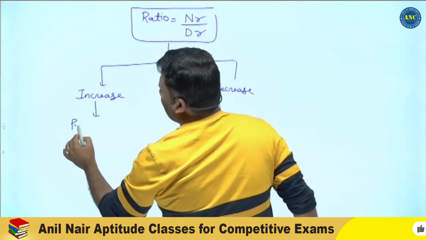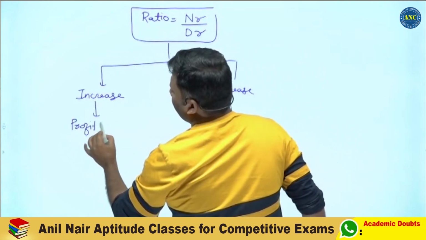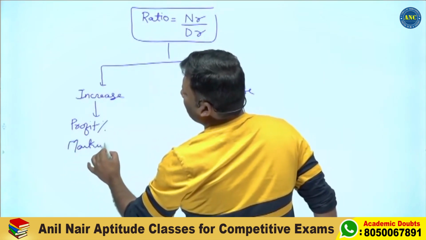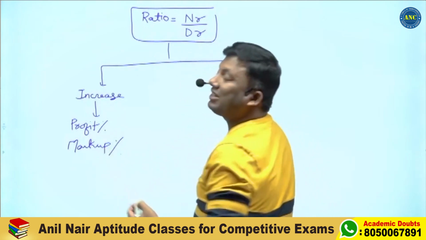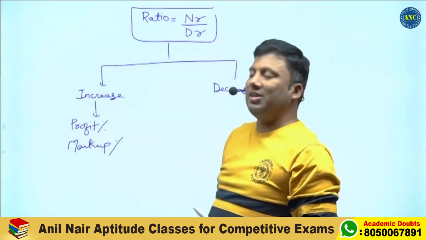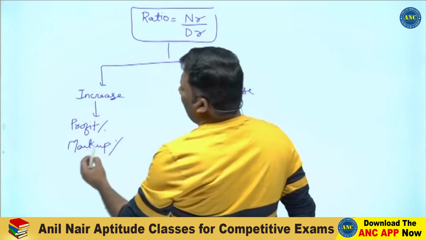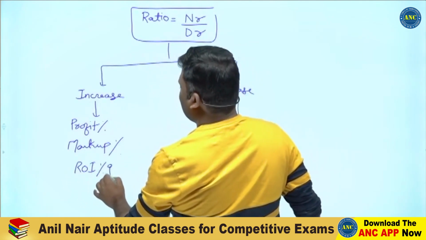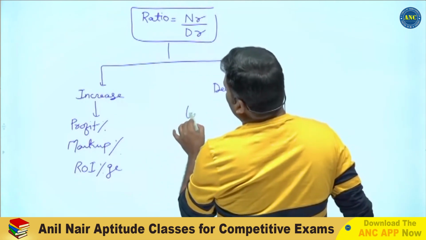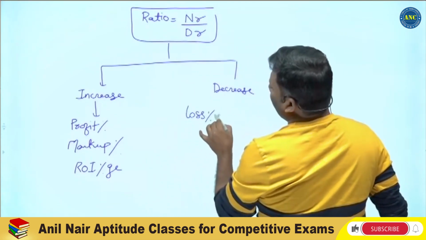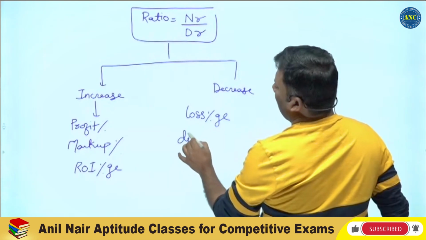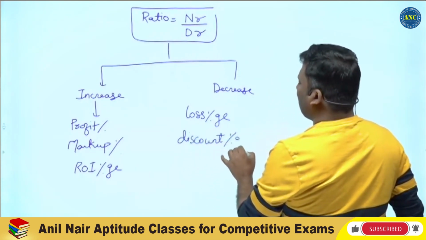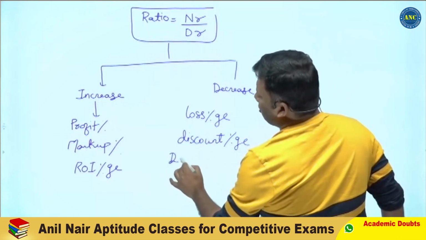Increase is profit percentage. Increase is markup; as the name says, I am increasing the prices to get the marked price. And ROI, rate of interest percentage. These are the three examples. Here, loss percentage will come. Here, I am losing money, which is a discount. Discount is the money lost because of friendship. Then depreciation.